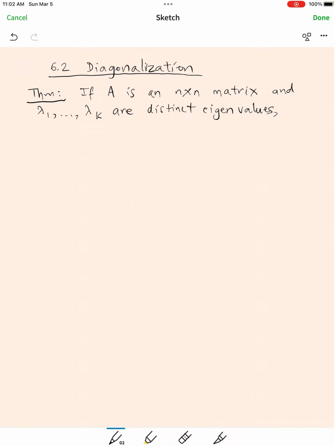And let's say you pick for each eigenvalue an eigenvector corresponding to it.